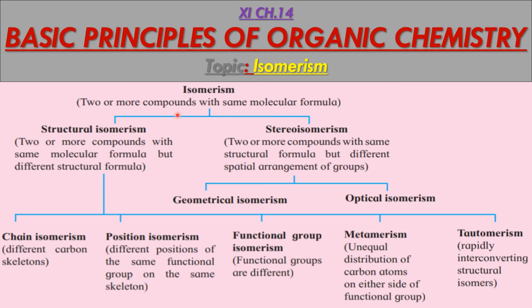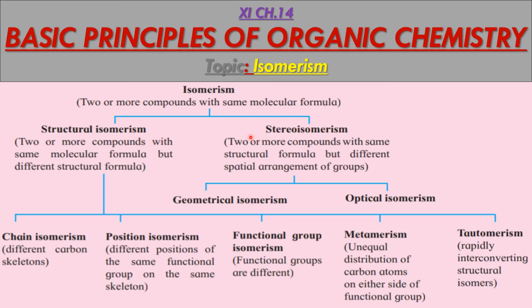Now let us look at the tree diagram for classification of isomerism, the different types of isomerism. So what is isomerism? Two or more compounds with the same molecular formula. Isomerism is classified into two main types. First is structural isomerism and second is stereoisomerism.